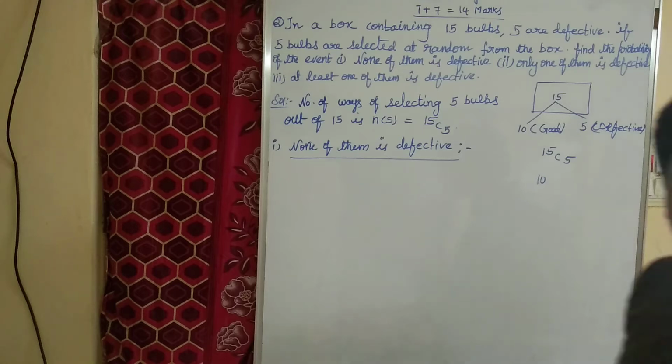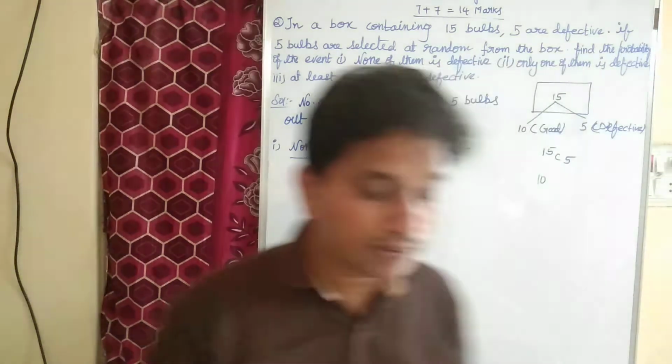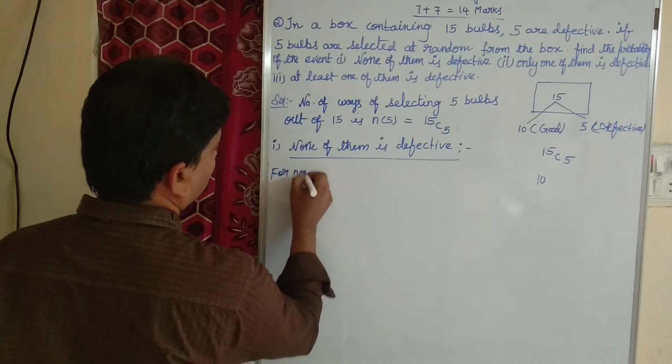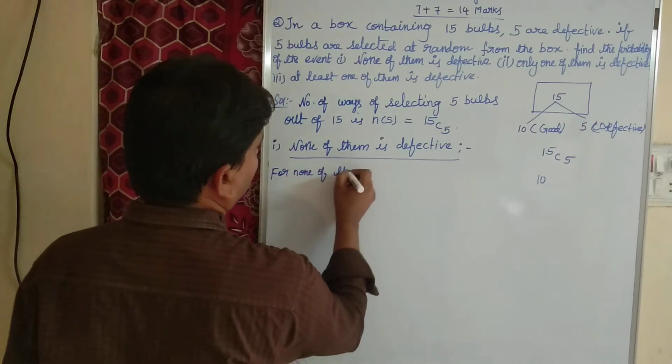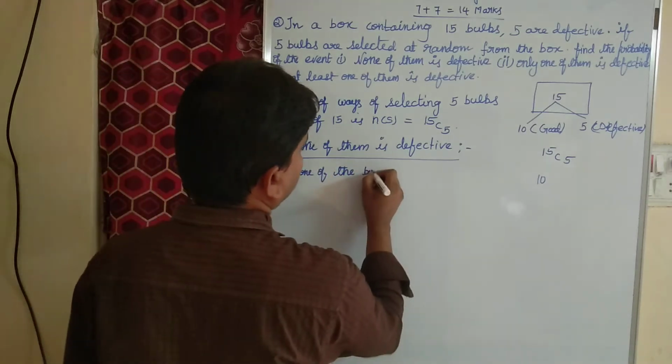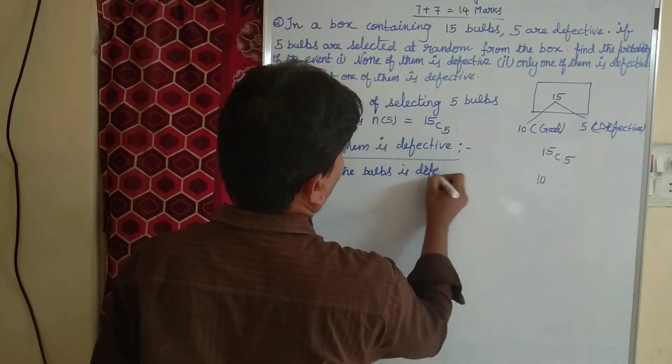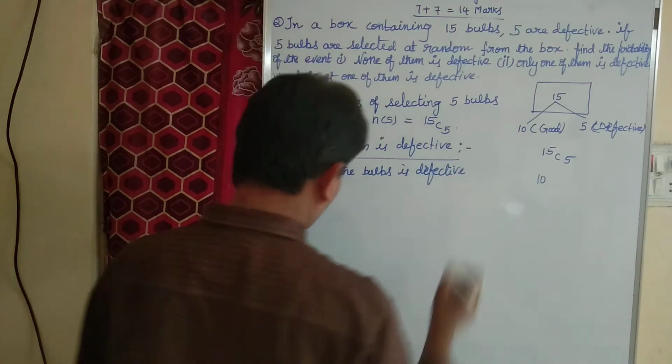Let me write the statement. This can be done for none of the bulbs to be defective. None of the bulbs is defective.